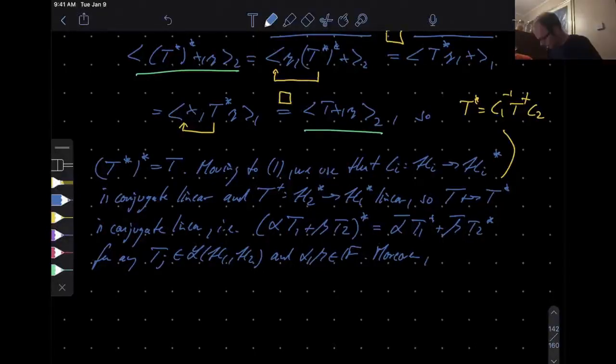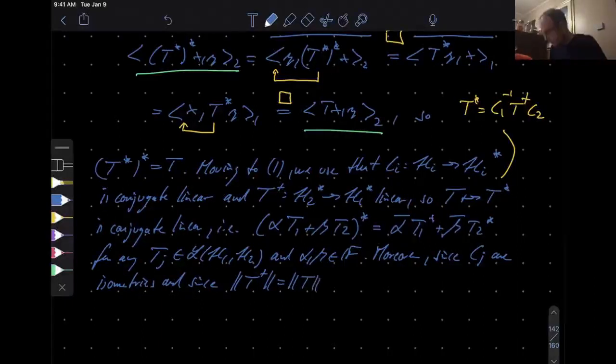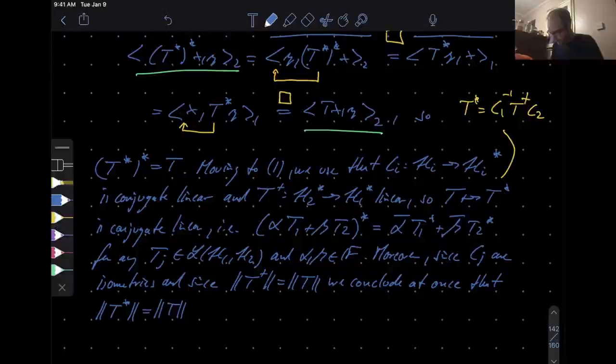Moreover, since the C_j's are isometries, and since the dual transformation is an isometry, we conclude at once that the operator norm of the adjoint is the same as the operator norm of T itself. Okay, this should be clear.